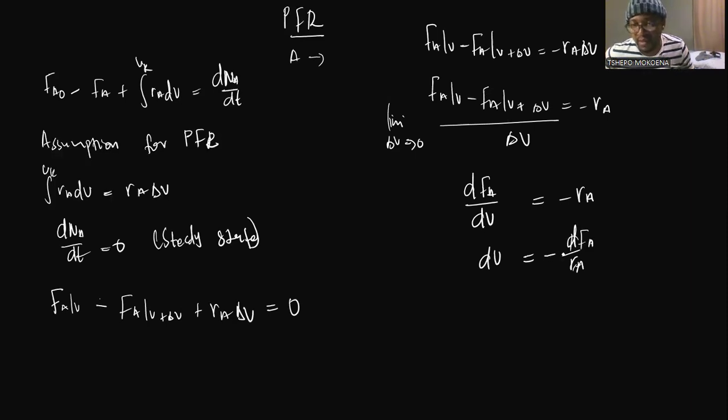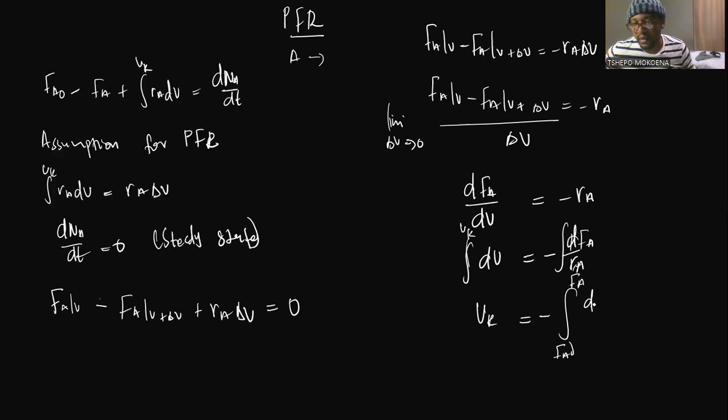Let me see, does this make sense? Yes, it does make sense. And then now we can take the integral on both sides. So the integral of dV will be the VR, and then this will be the negative of the initial molar flow rate into the system and the molar flow rate leaving the system.